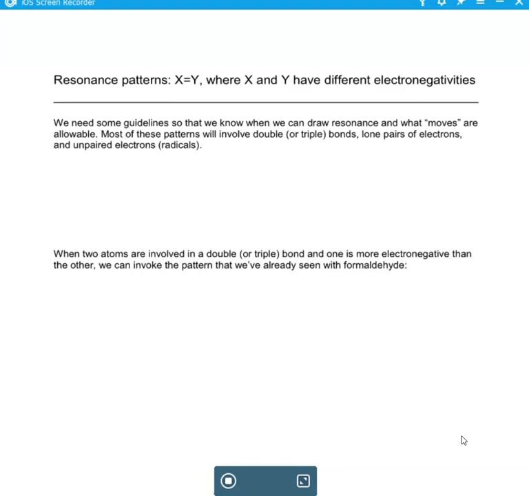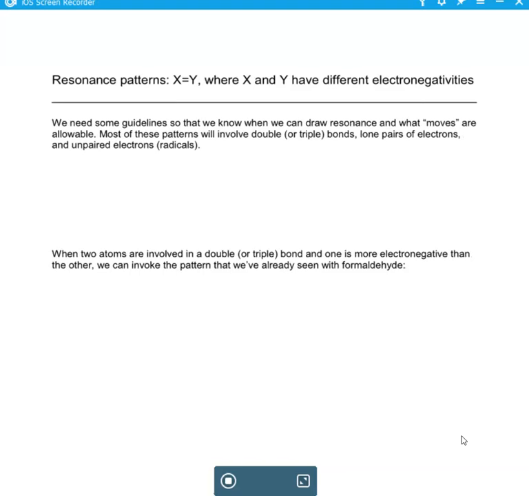Now, before we start drawing some examples of this, for this pattern and all the patterns that we're going to talk about, what we say about double bonds also applies to triple bonds.